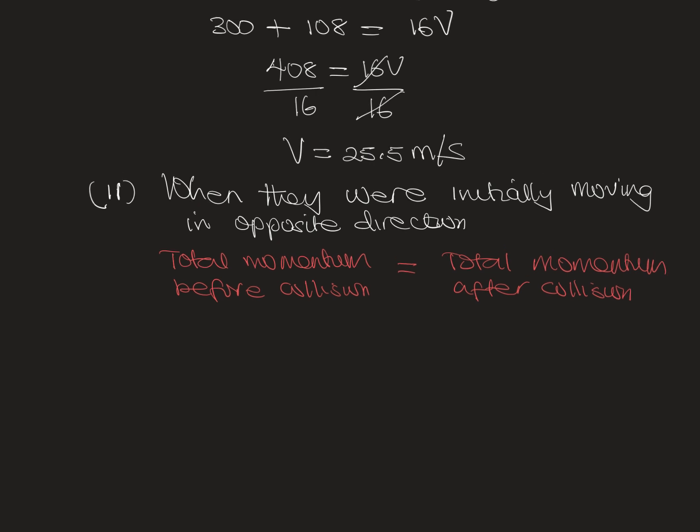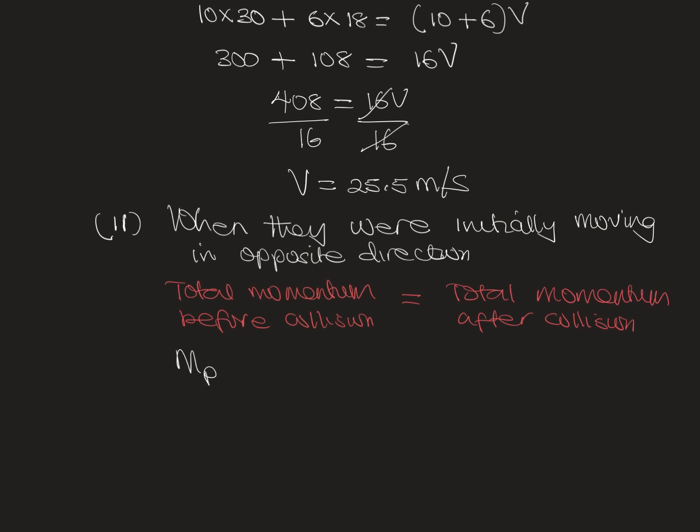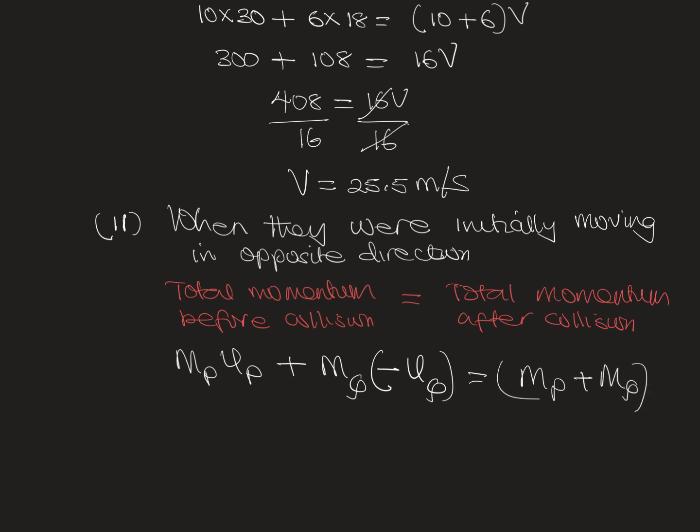So that will be the mass of P multiplied by the initial velocity of P plus the mass of Q multiplied by the initial velocity of Q, but Q will be in the negative direction. So that will be minus the initial velocity of Q. This equals mass of P plus mass of Q, all times V.